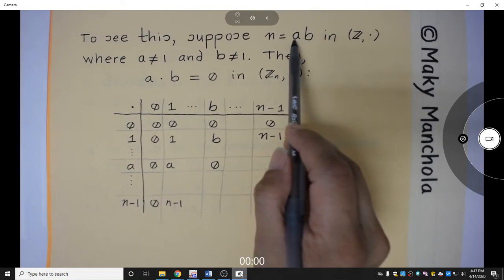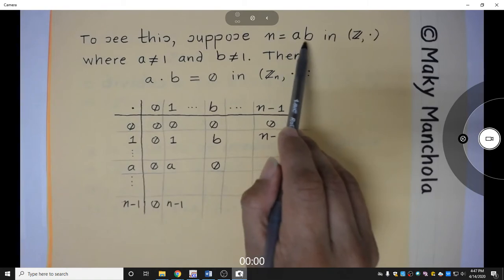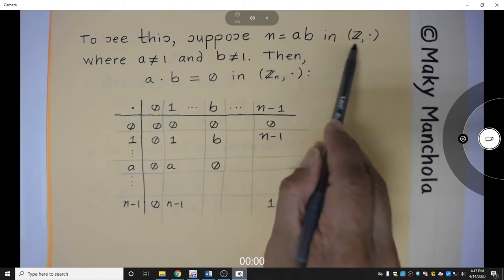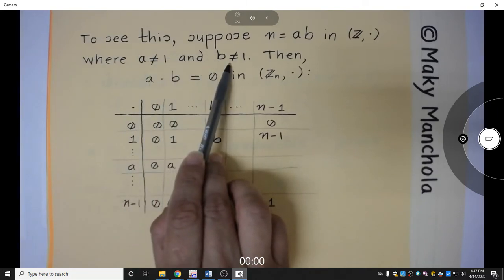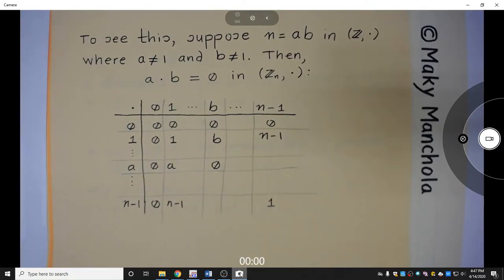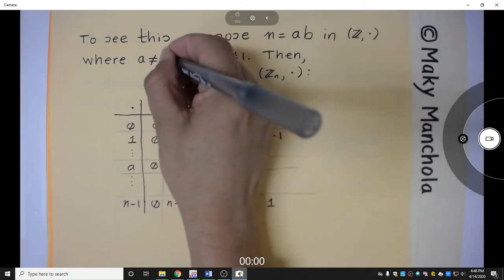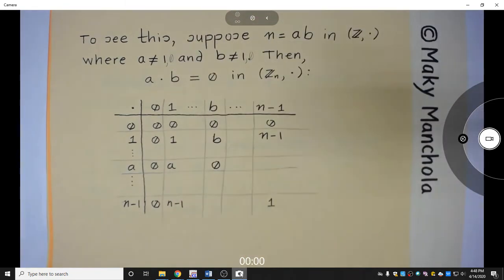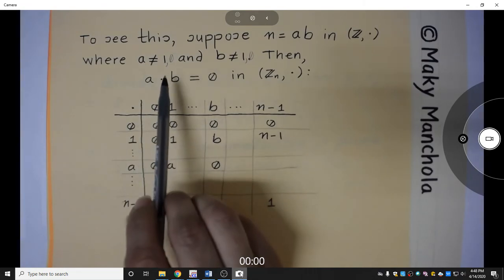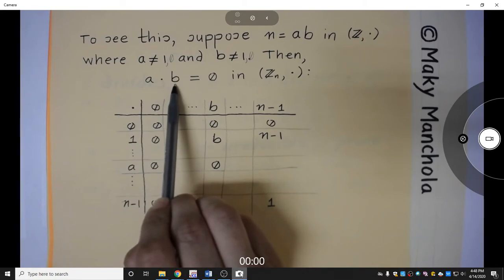So to see this, suppose that n is the product a times b in the integers, where neither a nor b is 1, and neither a nor b is 0. So a is not equal to 1, 0. b is not equal to 1, 0. So suppose you take the product of those 2.